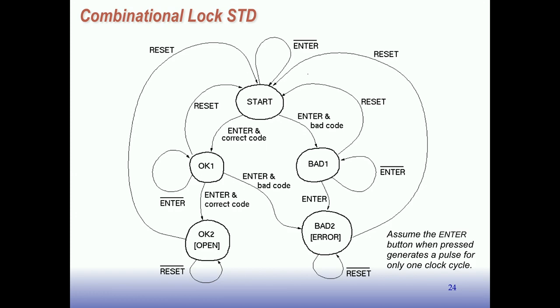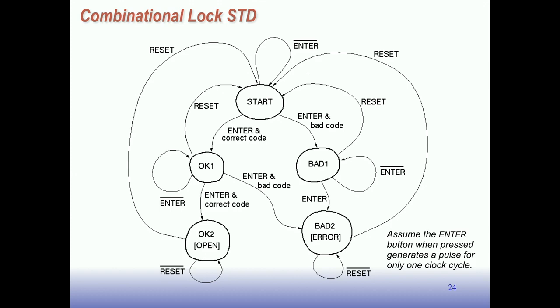We're going to assume here that when the enter button is pressed, it generates a pulse that lasts for only one clock cycle. Right? Because when you press a button, there's probably 100,000 cycles that go by before you lift that button up. So we don't want this thing zipping through a bunch of states. We want just this very orderly one state transition per button press.